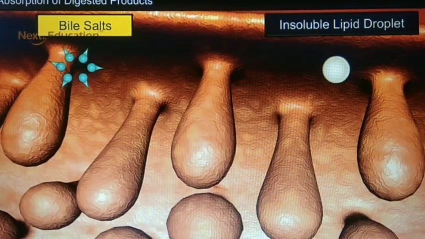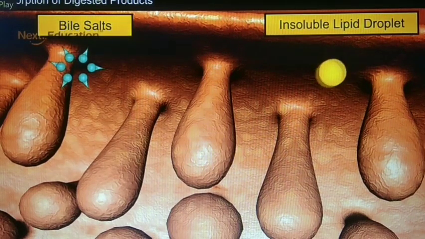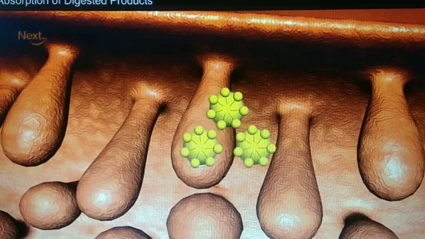The bile salts act upon the lipid droplets to form micelles. You can see the bile salts acting upon the lipid droplets to form micelles.